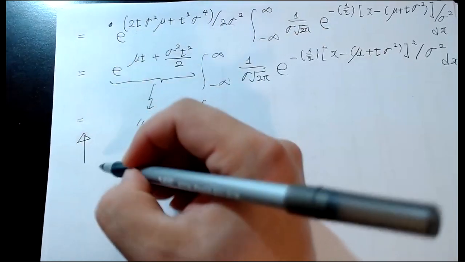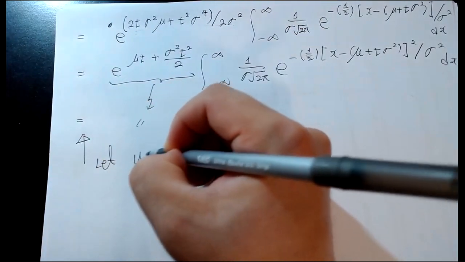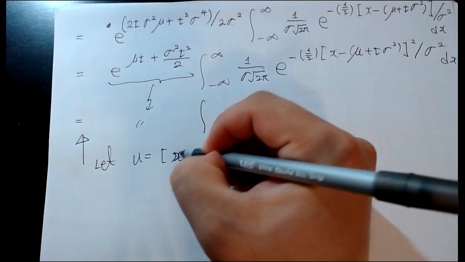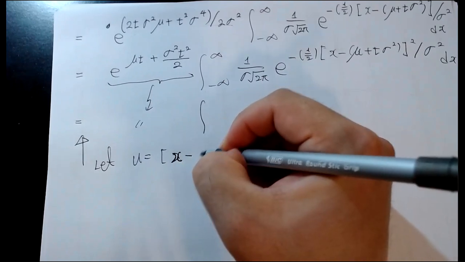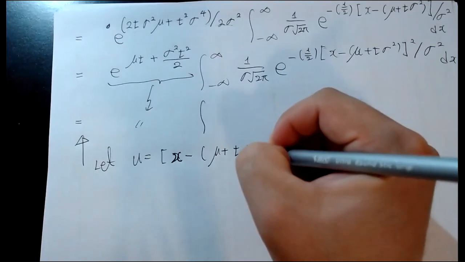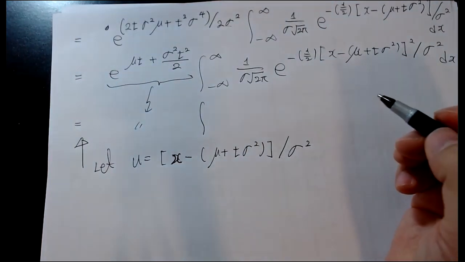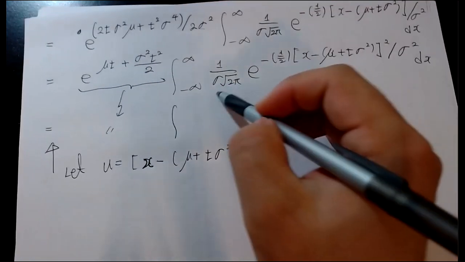So here, let's say u is equal to x minus mu plus t sigma square, over sigma square. Okay, let me do that. Why? Because look at the integral.